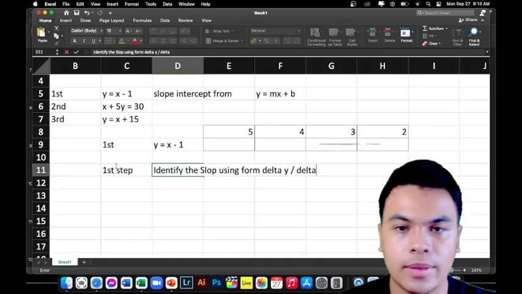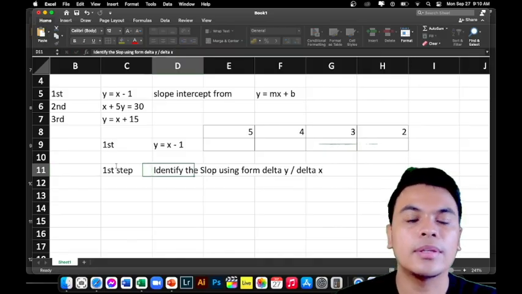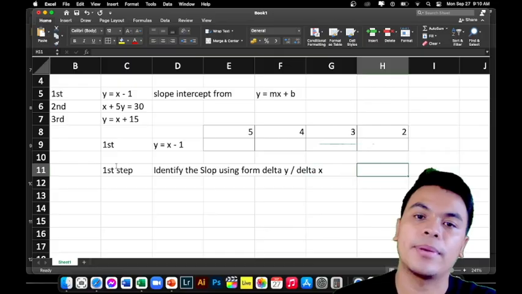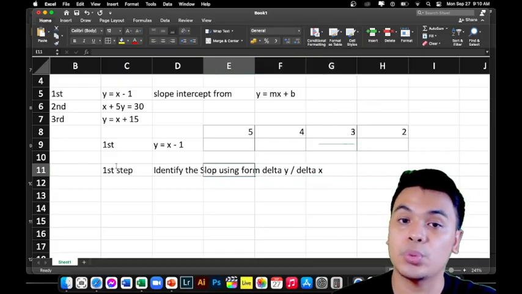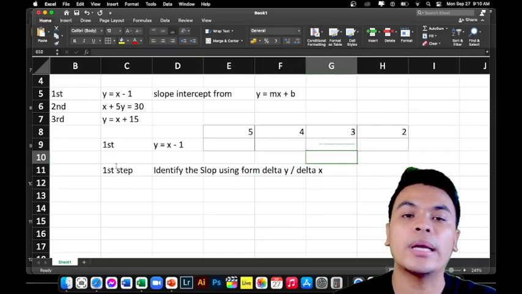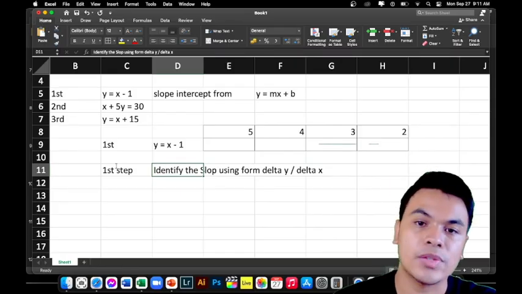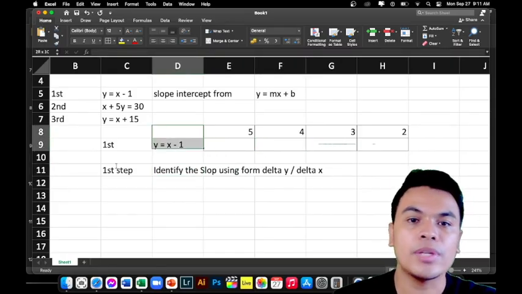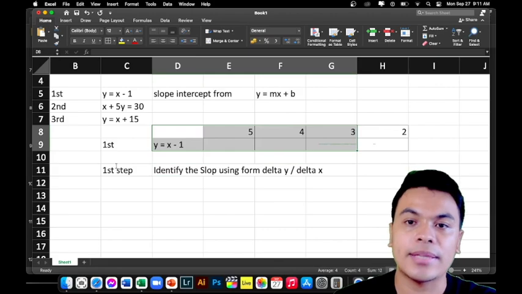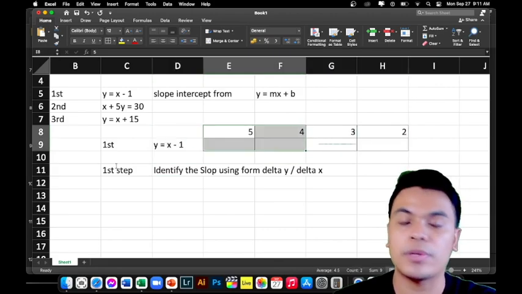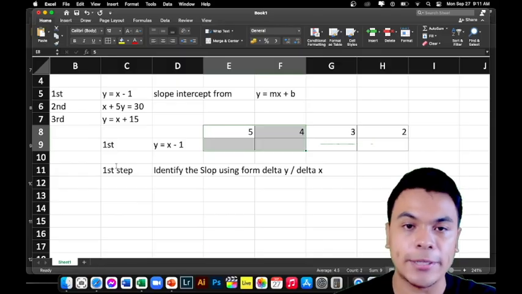When we say delta again, that is y2 minus y1 divided by x2 minus x1. So where are we going to get the values for y2, y1, and x2, x1? Using our discussion last meeting, let's identify the coordinates. Let's concentrate on these two, as we only need two coordinates.